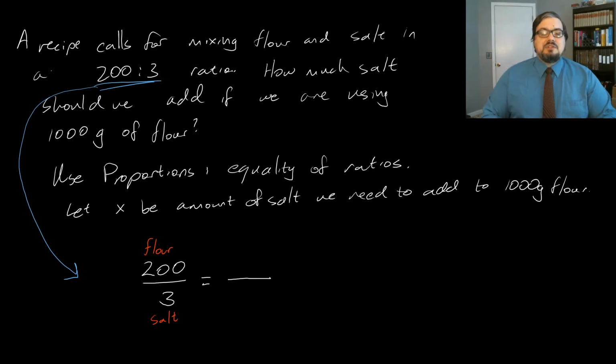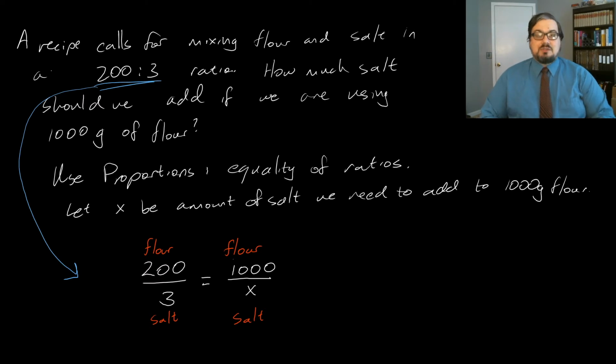And what we want to do is to say that fraction has to be the same as the fraction we get of flour to salt, the ratio of flour to salt, whenever we use this recipe, no matter how much flour we're using. So in this problem, we are using 1,000 grams of flour over x grams of salt.